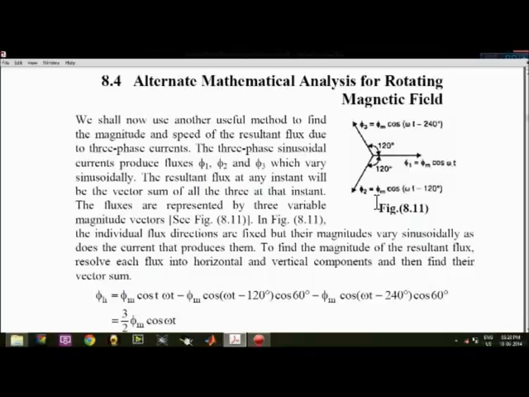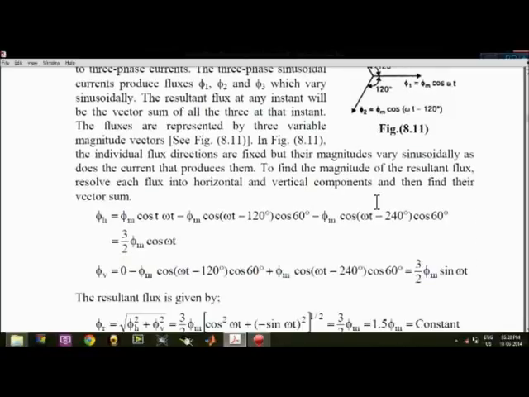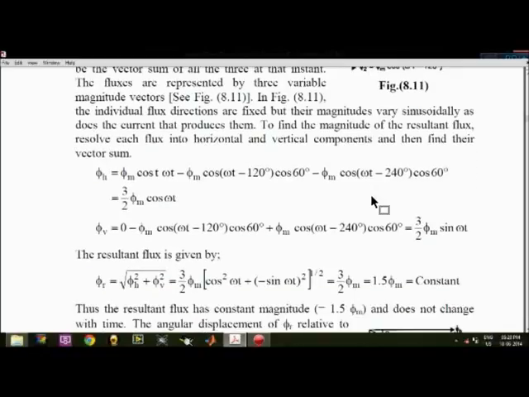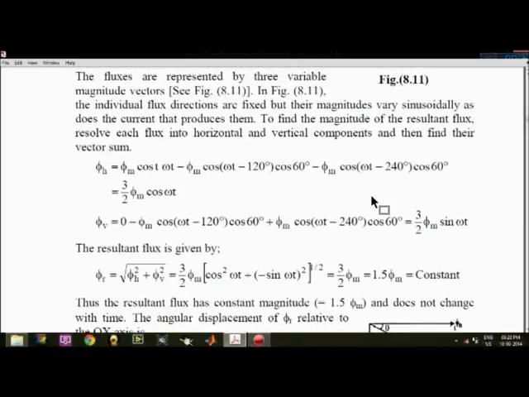To find the magnitude of the resultant flux, we have to resolve each flux into horizontal and vertical components and then find the vector sum. You can go through this numerical part. All the components have been resolved into horizontal and vertical components, and the vector sum has been calculated.